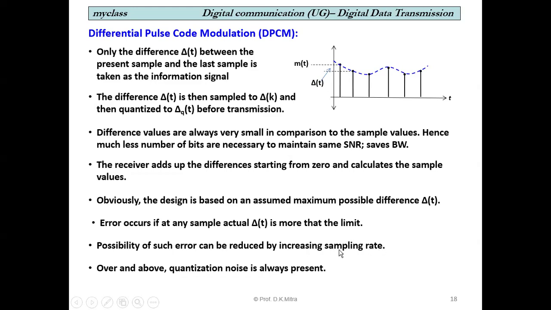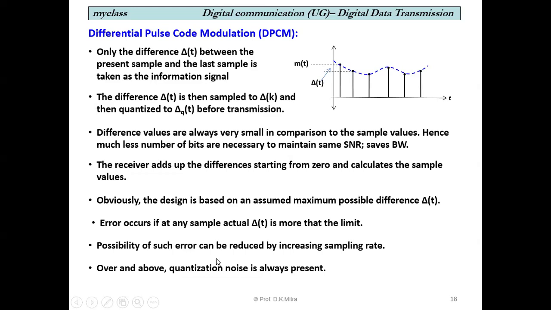If the difference between two samples is more than 1 millivolt, then what do you do? If you take another sample in between, then definitely the difference will be less, right? So depending upon what kind of signal you are handling, is it a human voice or an industrial physical transmitter, or what is the expected rate of variation of the signal, you can change the design and the sampling rate and get this problem solved.